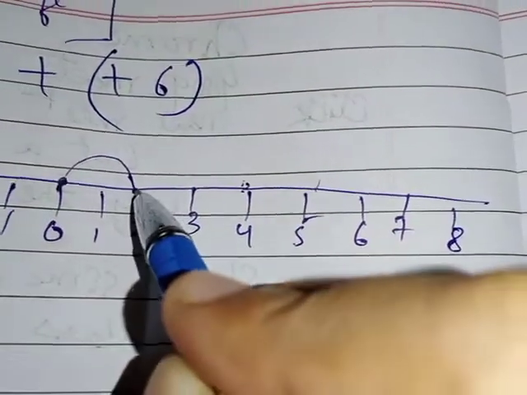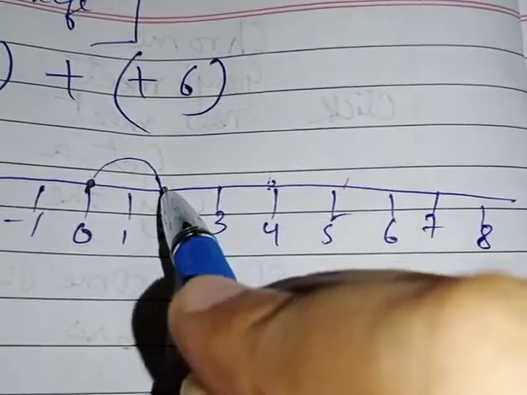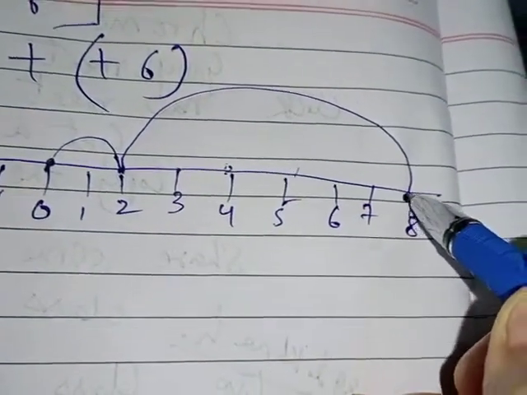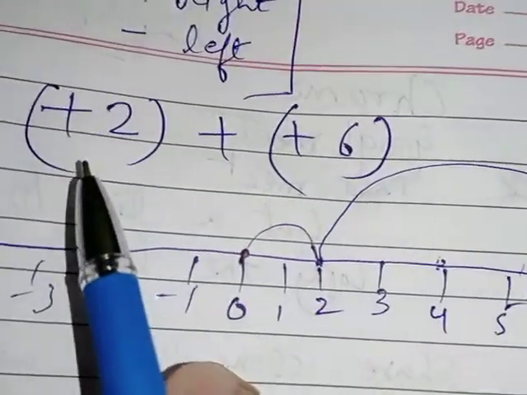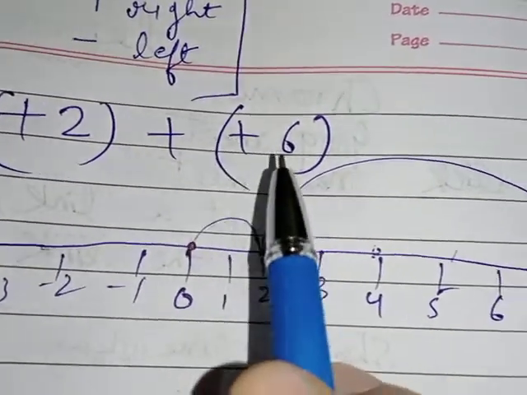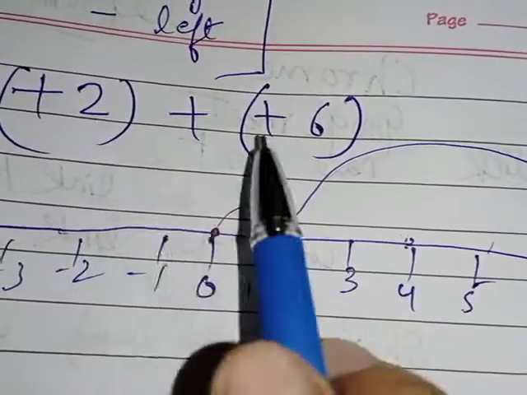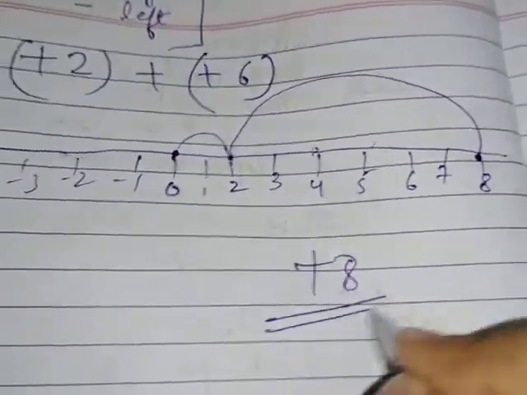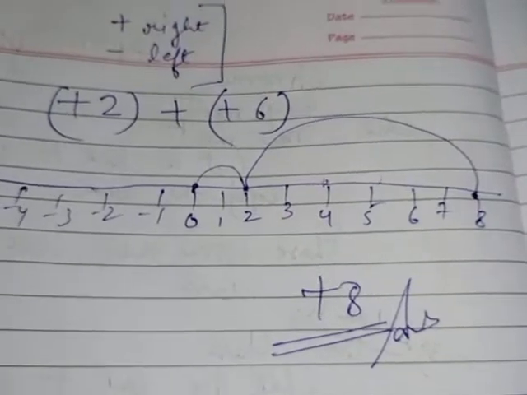So from this 2, when we are taking 6 steps, we are reaching 8, right? So positive integer 2 and positive integer 6 together give us positive integer 8 in the answer.